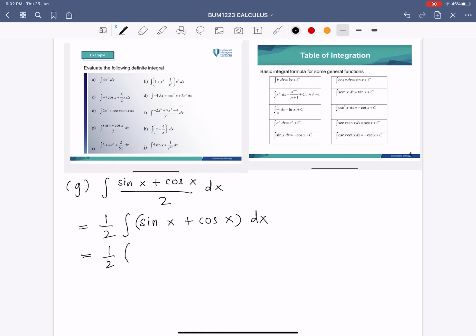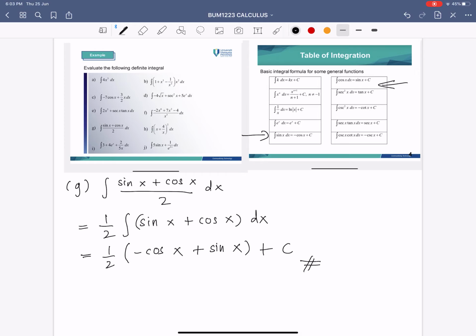And then multiply with the result of integration of sine x, which is negative cos x, so here times negative cos x. And the result of integration of cos x is sine x, so plus sine x plus c. You can just remain the answer like this because we cannot simplify it anymore.